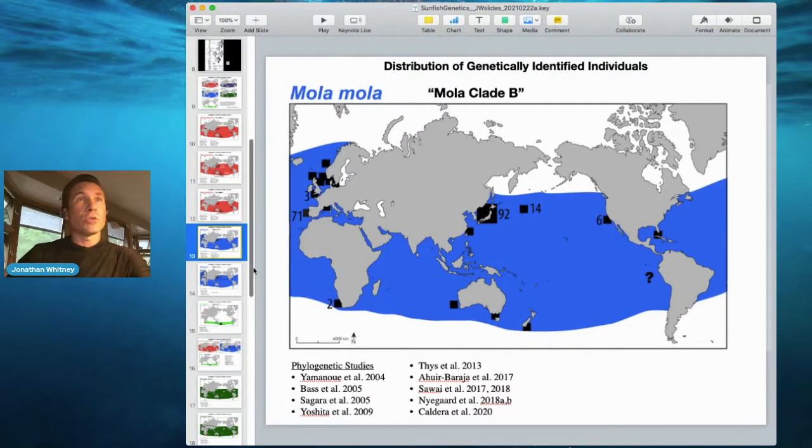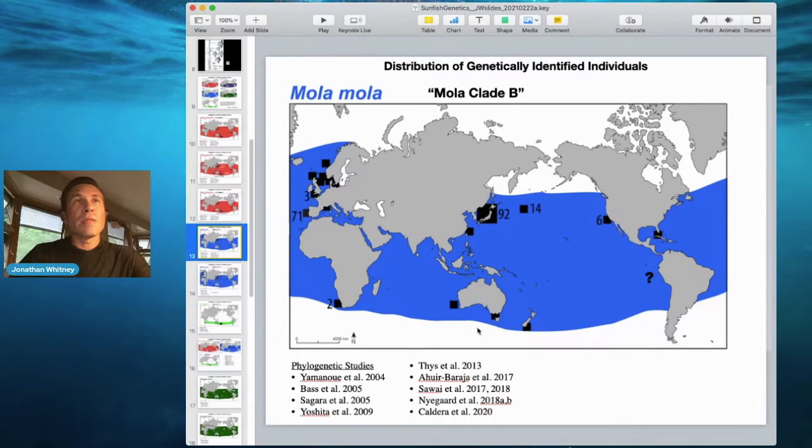Okay, so moving on to Mola. This in the literature is what was originally described as Mola clade B in a bunch of genetic papers. So they are globally distributed in both temperate and tropical seas, but primarily in temperate. With genetically confirmed samples going as high as central Norway, down into the North Sea, all across the Mediterranean, South Africa.